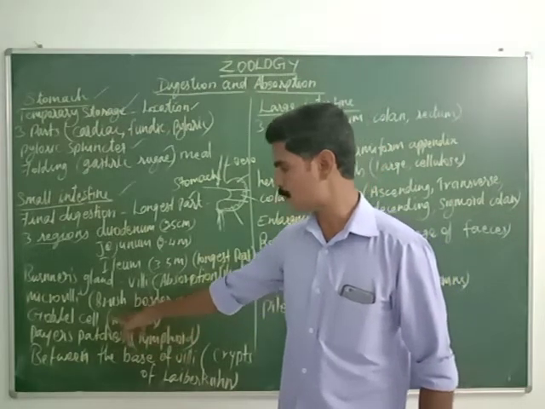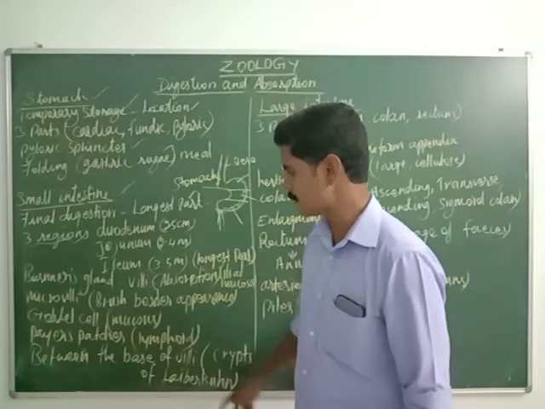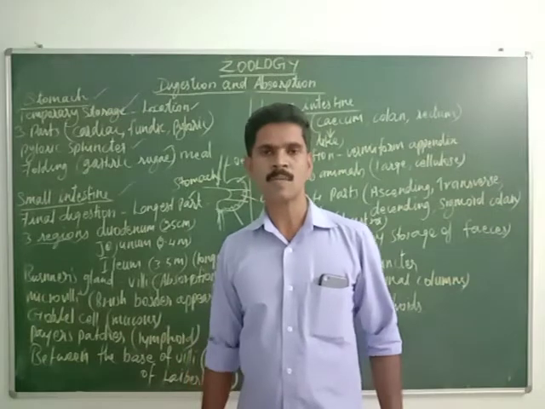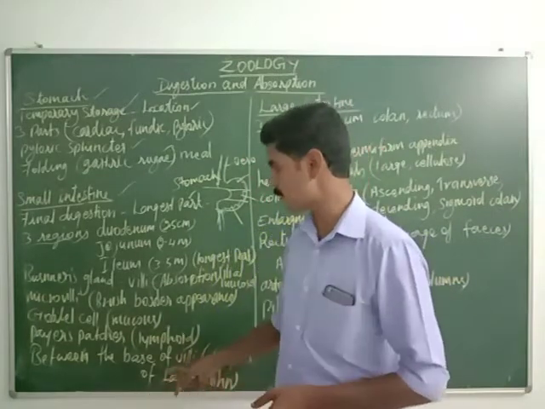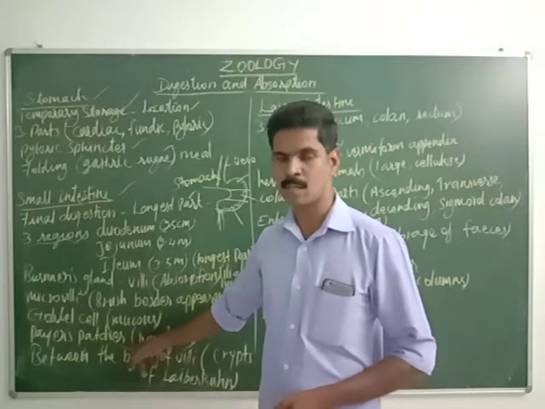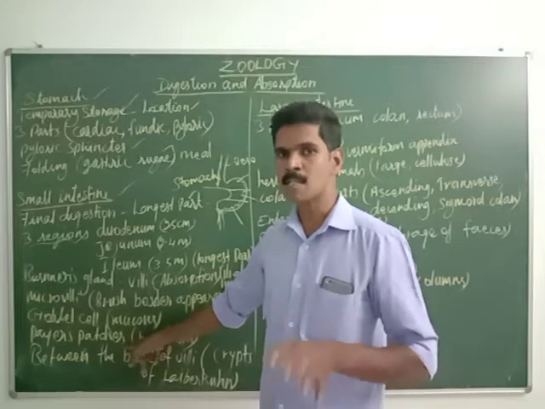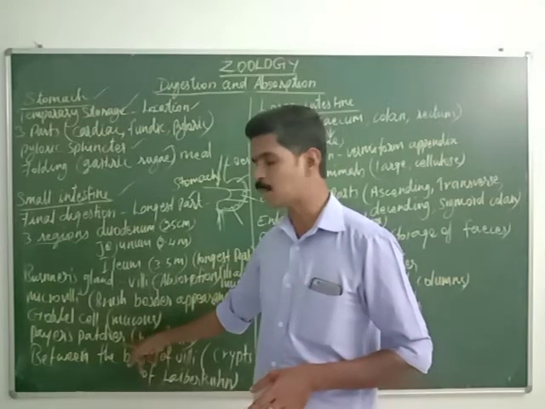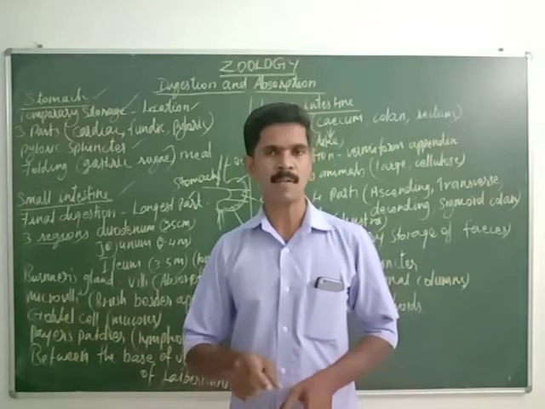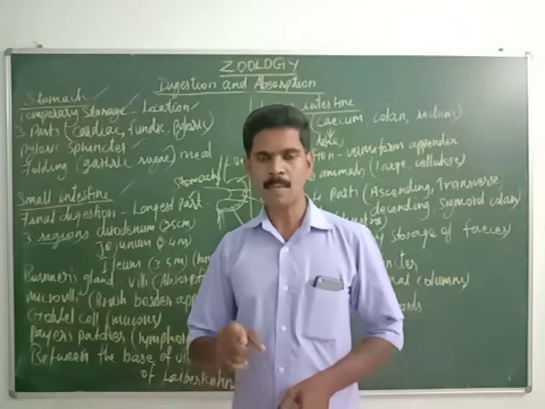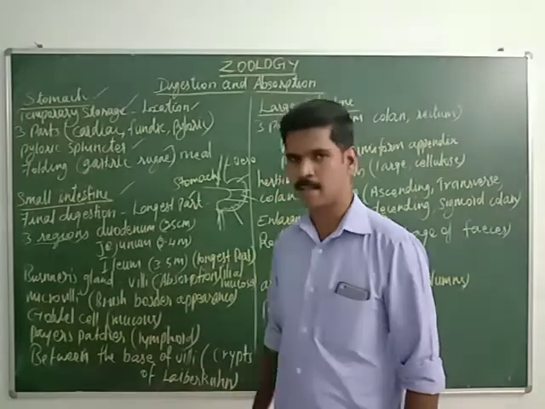So the location of the goblet cell is the wall of the small intestine. Then the next point: in the small intestine, there is a special lymphoid or immune organ called Peyer's patches. This is one more question. The main function of Peyer's patches is the production of lymphocytes, the cells of our immune system.